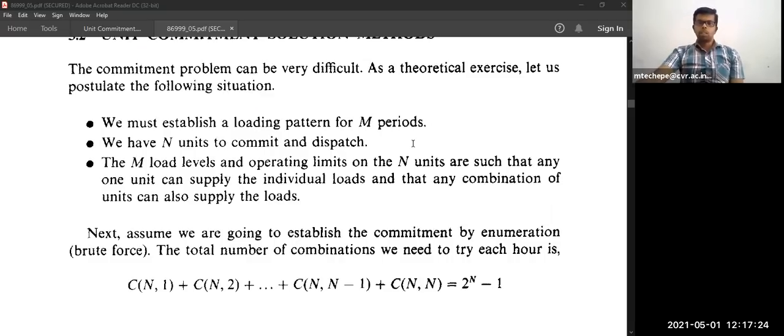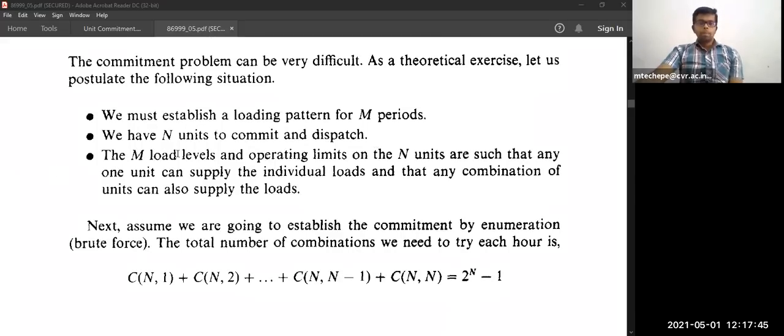One period may be one day, or 30 days, or one year. For example, 30 days in a month, so M periods we are taking. We have N generating units to commit and dispatch.